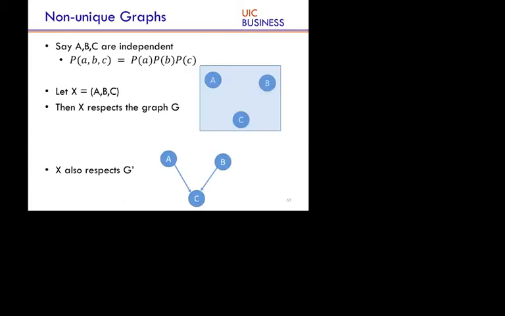In this case the joint probability was just this, because we have additional information that they are independent. For this graph, if we follow the rule that for every node we create a factor, then these two are similar to before because they don't have parents. This one will have parents A and B, so I'll have this factor, probability of C given A comma B. But probability of C given A comma B is actually probability of C itself, because C is independent of A and B.